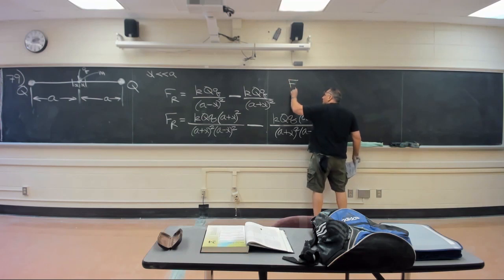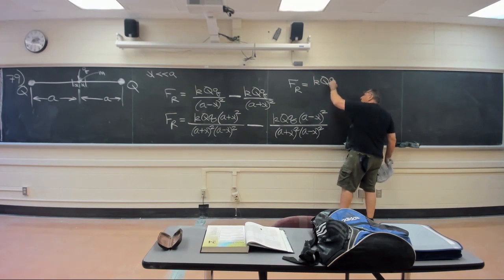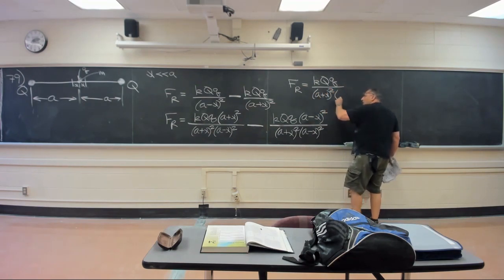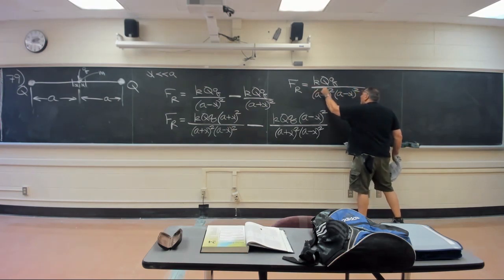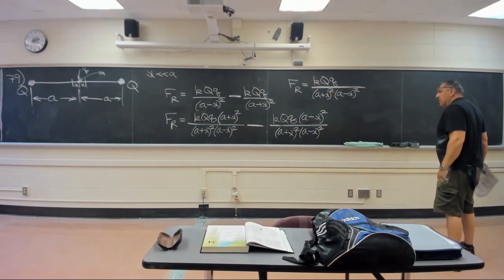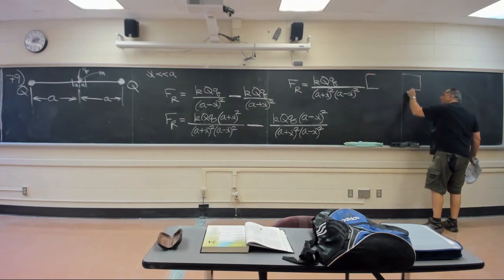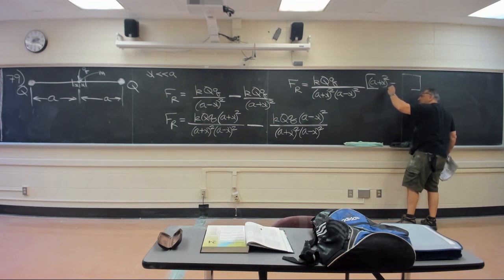So the FR is K capital Q. I'll leave that, and then I'm going to do this. That's the quantity a plus x squared minus the quantity a minus x squared.